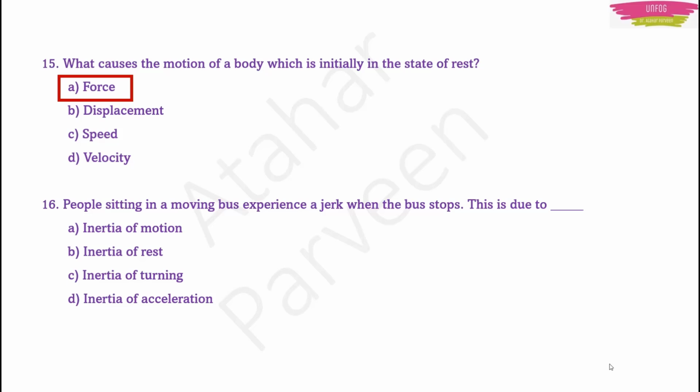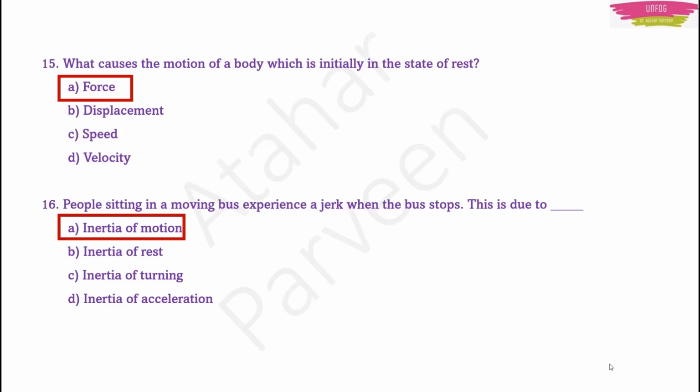Now let's talk about two inertias, inertia of motion and inertia of rest. If the bus is stopping, it means you are moving along with the bus, right? Now the bus is stopping, but you tend to continue because of inertia of motion. You were in motion along with the bus, correct? So option A, inertia of motion, will be the right answer.